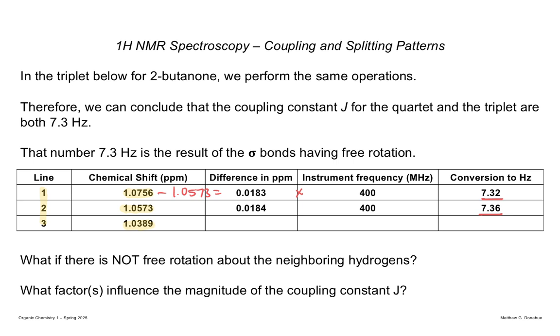Constant also means the distance between those lines. So notice we came out of this one with two approximately equal values. I'm saying that's true for this case, but that's not necessarily true in general for everything, as we'll see a little bit later in the lecture.